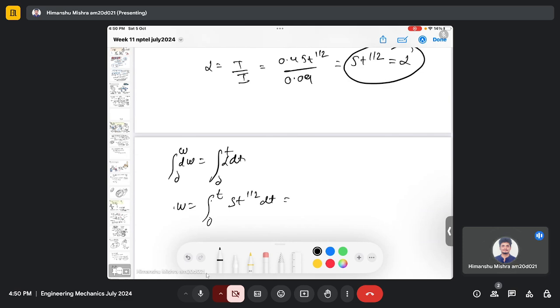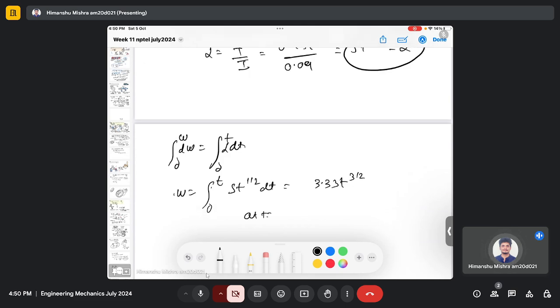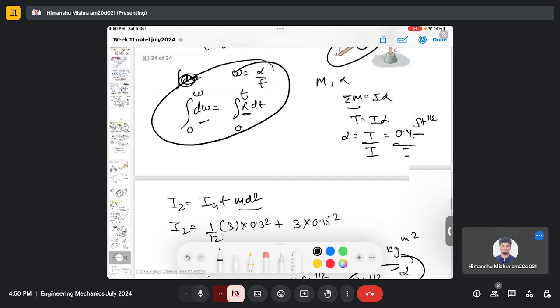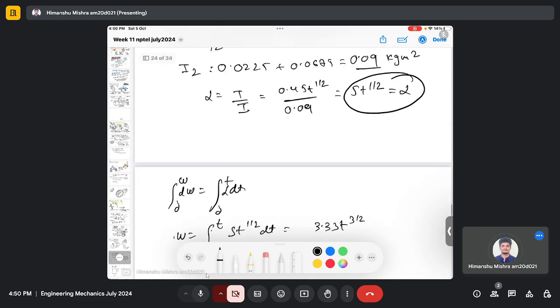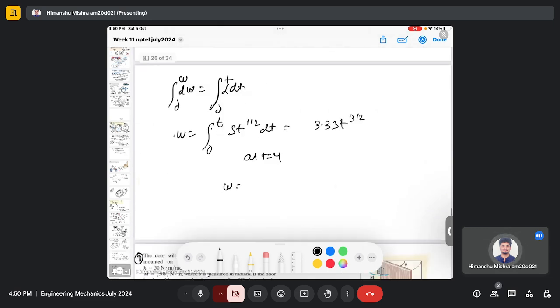On integrating this quantity, you will get 3.33 t to the power 3 by 2. And at time equals 4 seconds, we need to find the angular velocity. So it will be omega equals 3.33 times 4 to the power 3 by 2. And solving this, you will get 26.7 radians per second.